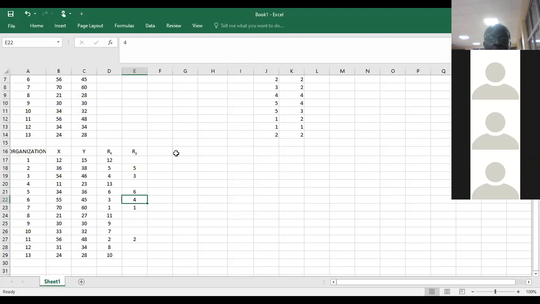Then 34. 34 is number 7, yes? That one, 32.